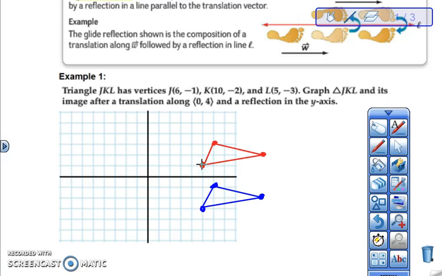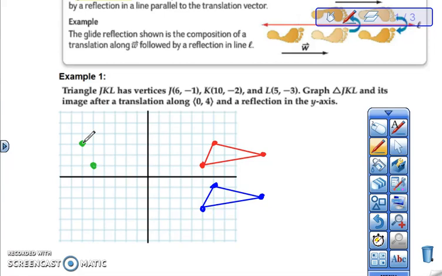And then for the second transformation, we're going to reflect on the y-axis. So again, we're going to go across 1, 2, 3, 4, 5. So we're going to put our point over here. We're going to count 1, 2, 3, 4, 5, 6 spaces to the axis.